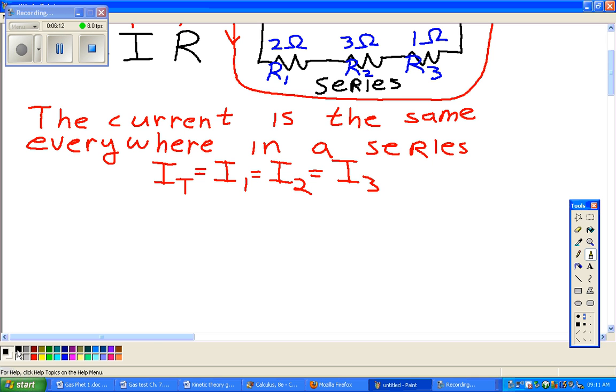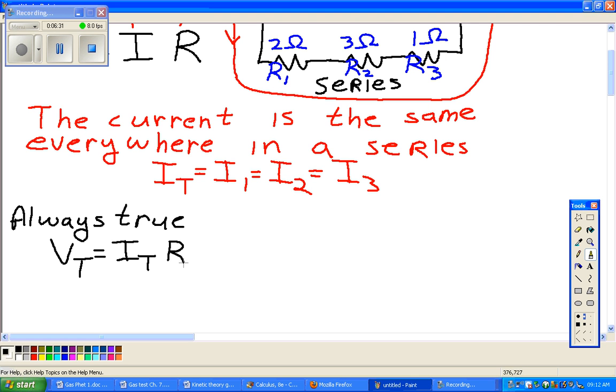There are some equations which are always true. It is true that if I wanted to look at the total voltage, it will always equal the total current multiplied by the total resistance.